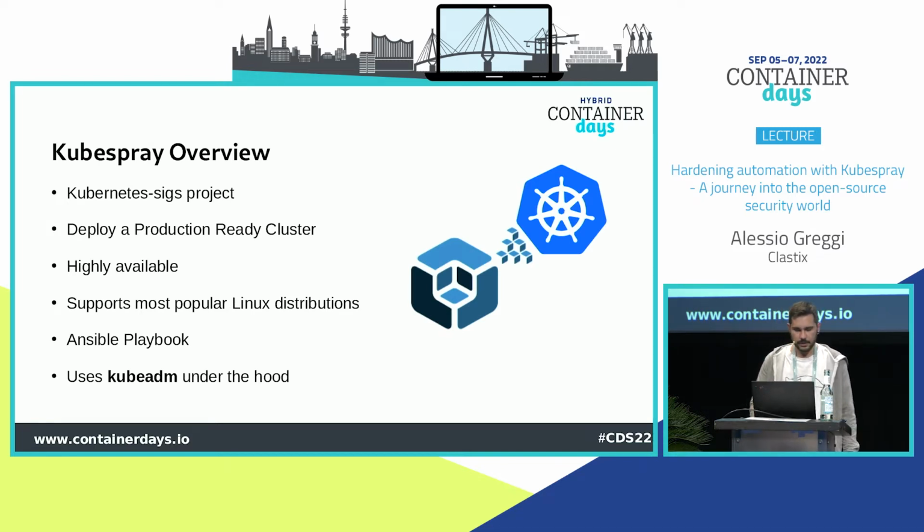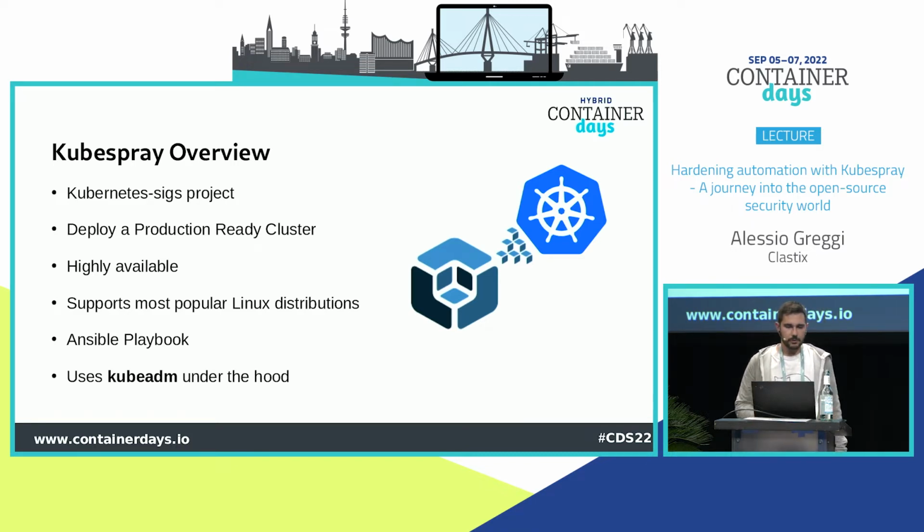Just a few words about Kubespray. Kubespray is a Kubernetes SIG project, so it has been recognized by the Kubernetes organization as a project of interest by the community. And also for this reason, it has great community support. So if you have a bug inside Kubespray, you probably already have an issue that has been opened. What does Kubespray do?